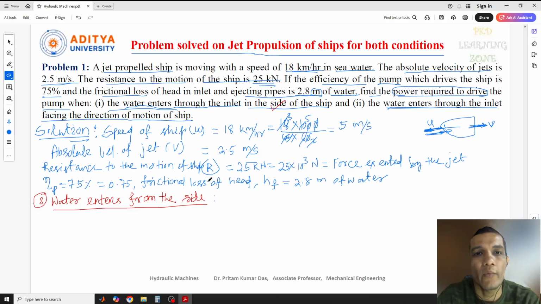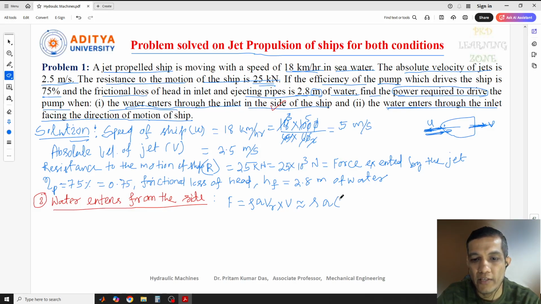Before calculating the force, there are terminologies that we need to understand. If I write the force formula, we know that F equals, as we calculated in our last lecture, rho A VR into V. VR is nothing but the relative velocity, because when the jet is moving and the ship is also moving, we need to consider the relative velocity.